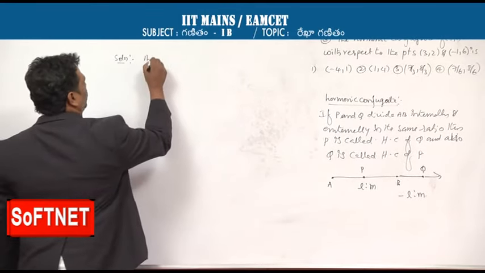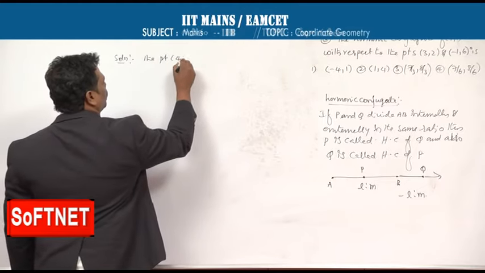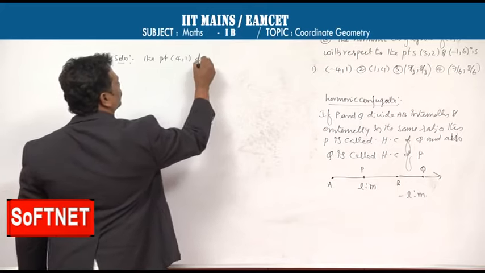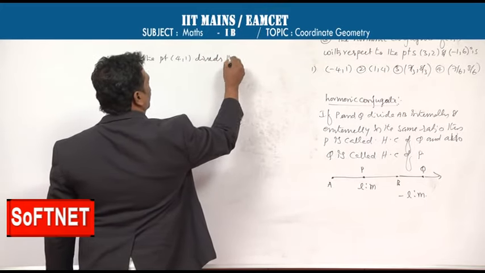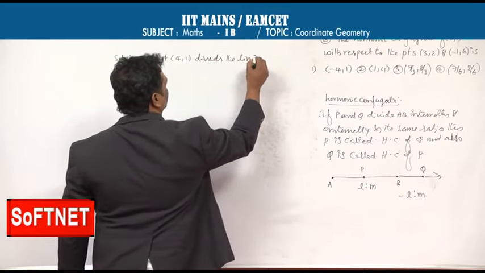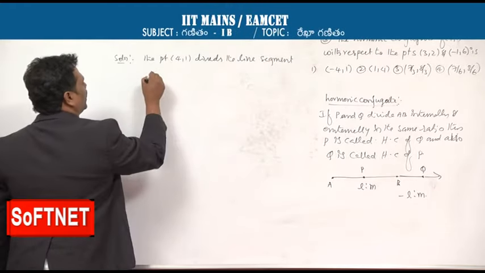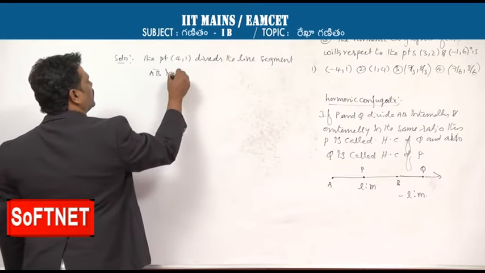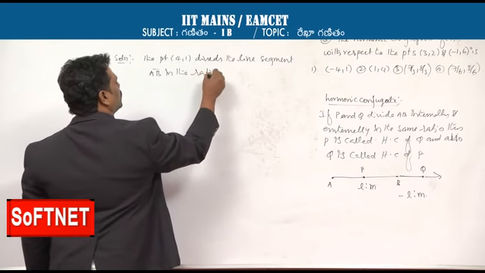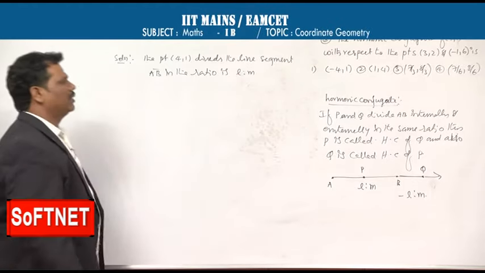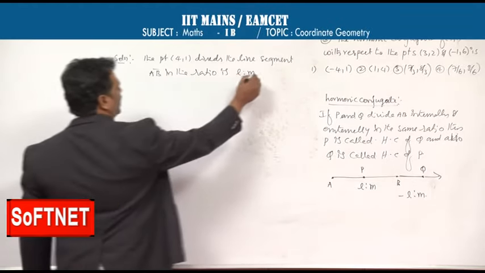So the point (4, 1) divides the line segment AB in the ratio L is to M internally.